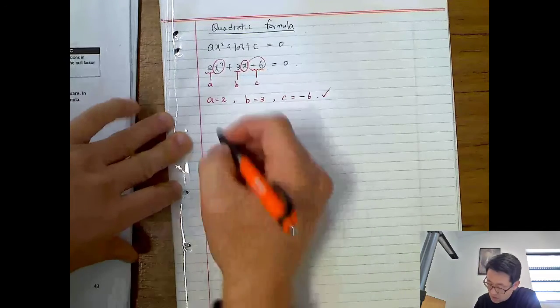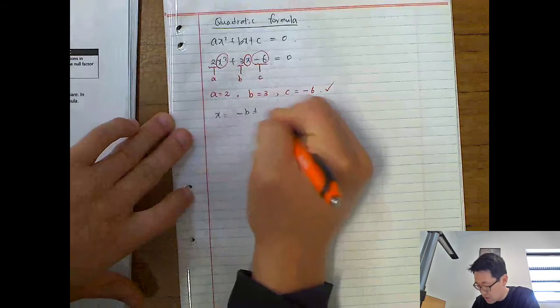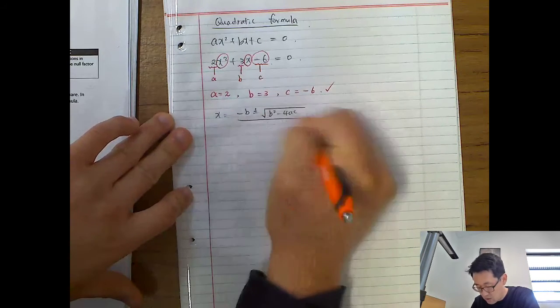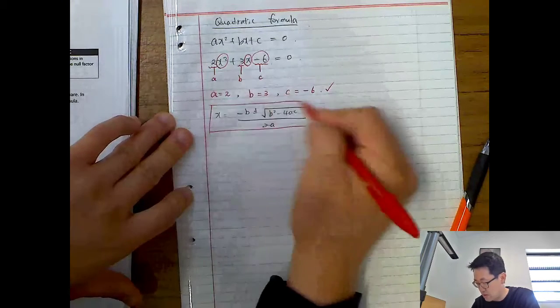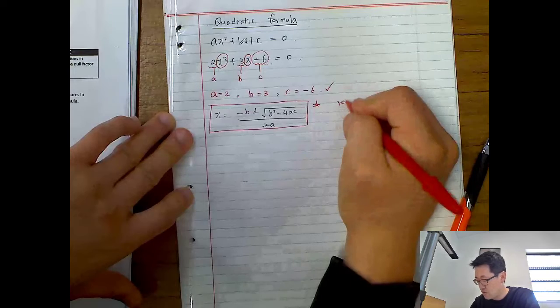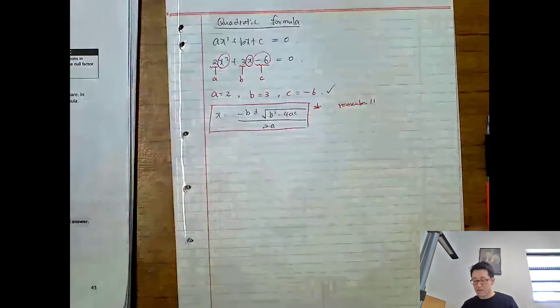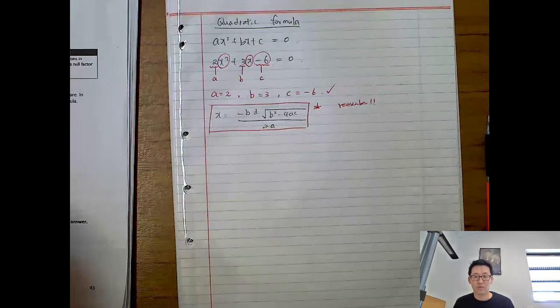And then, according to this, x equals minus b plus minus square root b squared minus 4ac, over 2a. It would be nice for you to remember this. Remember? Yep. Minus b plus minus square root b squared minus 4ac over 2a.